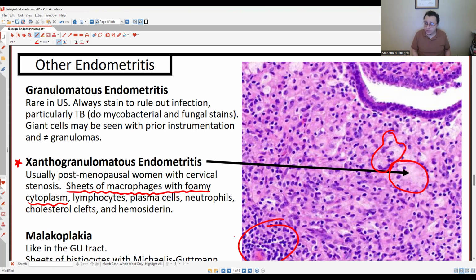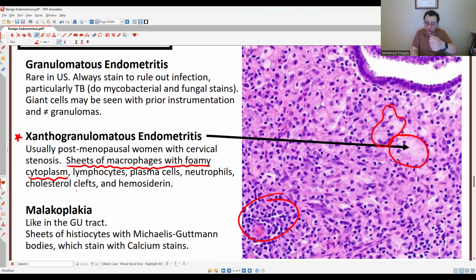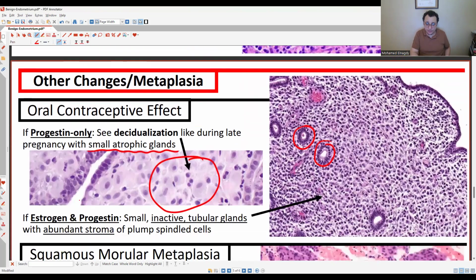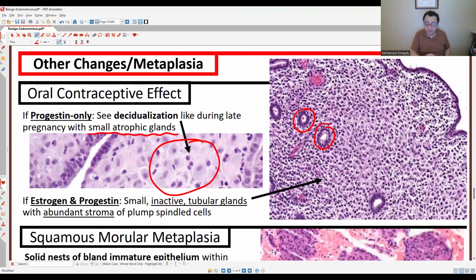It usually happens in old age, postmenopausal women, especially those with cervical stenosis, those with a stenosed cervix. This happens, xanthogranulomatous endometritis. Oral contraceptive effect, which we call the metaplastic effect or other changes.